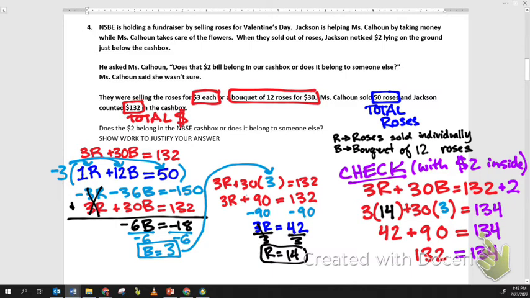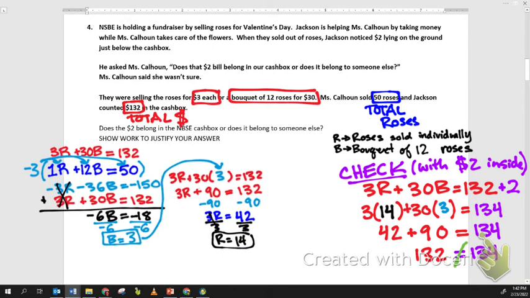But that is not equal to each other. So I would say no, the $2 bill does not belong in the cash box.